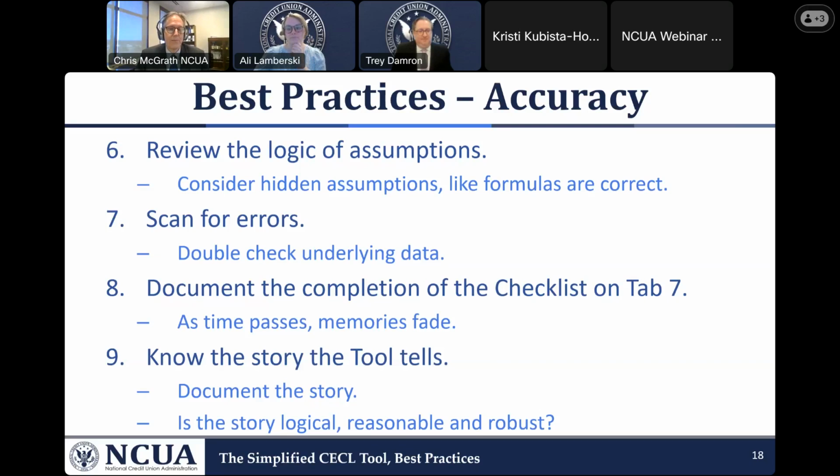And for 9, what's the story that's being told by the tool? For instance, as an example, the allowance for credit losses has increased because borrowers are holding on to the loans longer. That is, with higher interest rates, fewer people are refinancing. Thus, there is more risk exposure because loans will be on the books longer, will be outstanding longer.